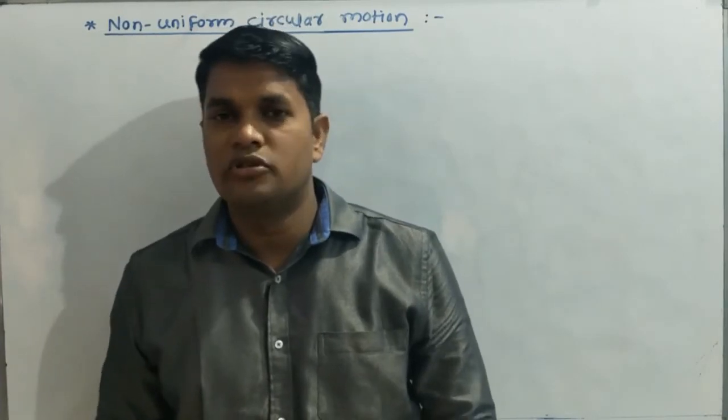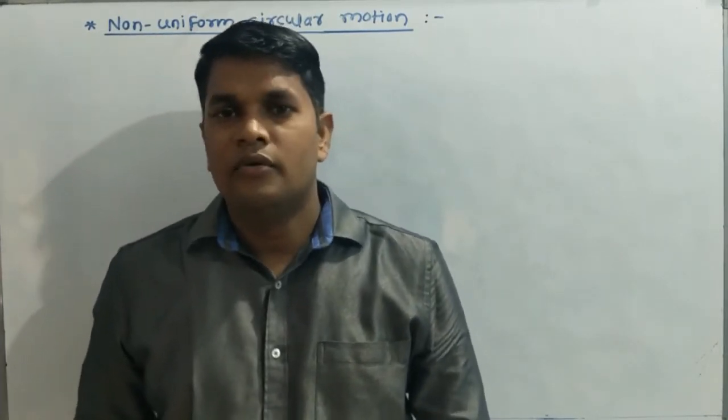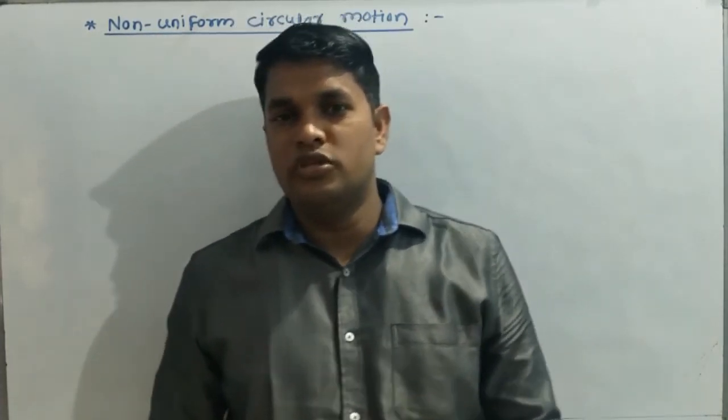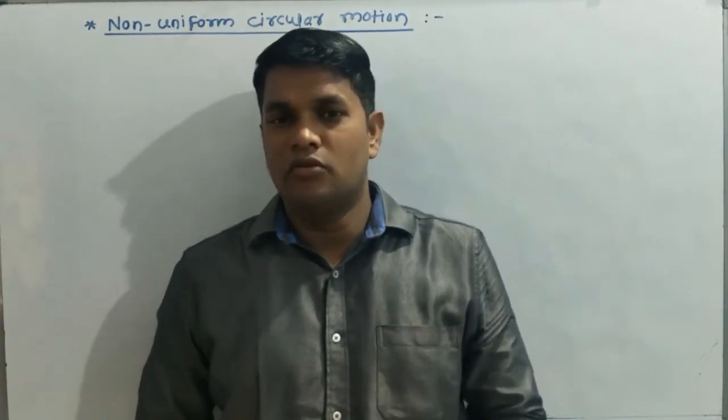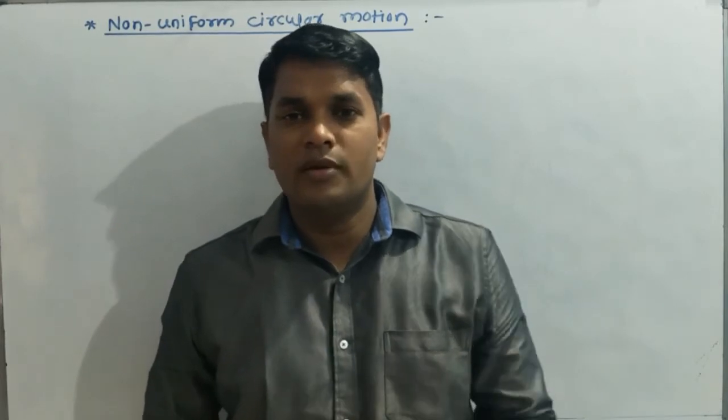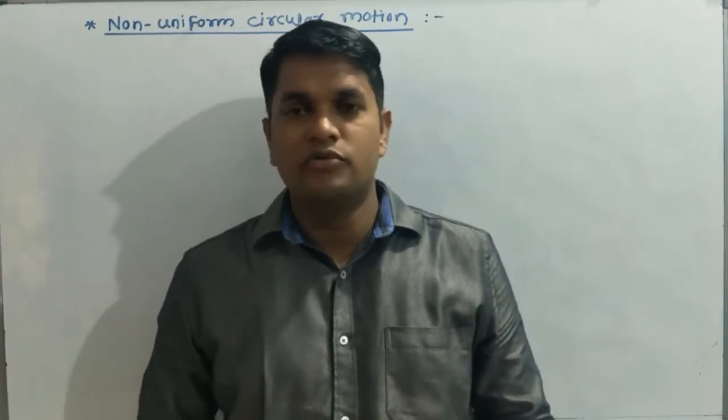The next concept is non-uniform circular motion, or non-UCM. We know that in UCM, the speed is constant. So what do we mean by non-uniform circular motion?